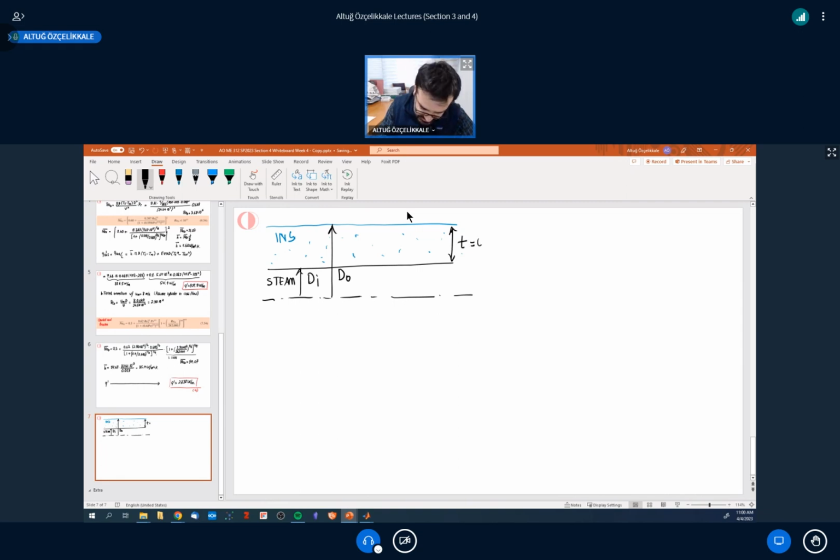Thickness of the insulation is 0.02 meters, and insulation thermal conductivity is 0.08 watt per meter Kelvin. Okay, so inner and outer diameter: the inner is the same as before, 0.089 meters, and the outer is the inner plus 2 times the thickness, that is 0.129 meters.